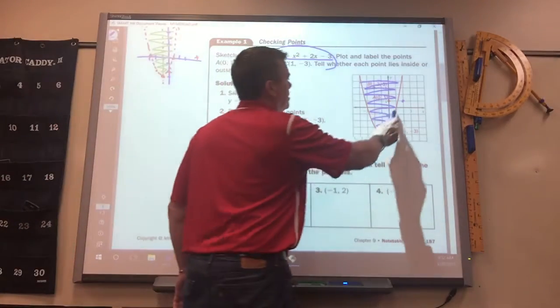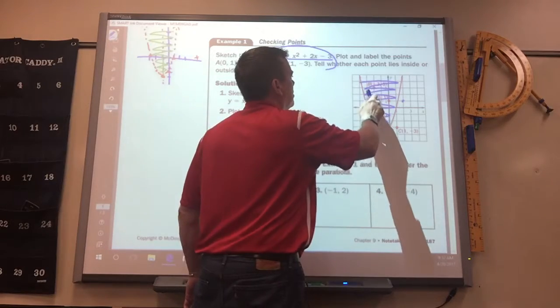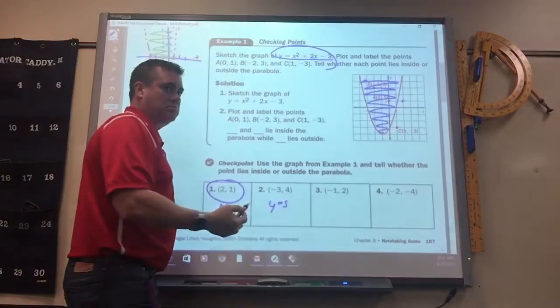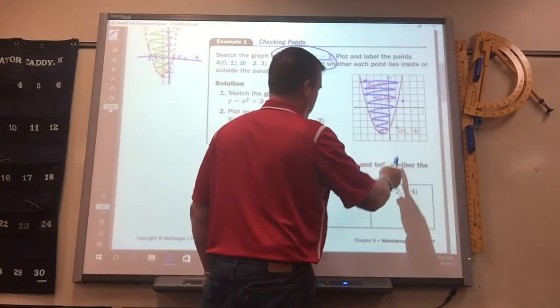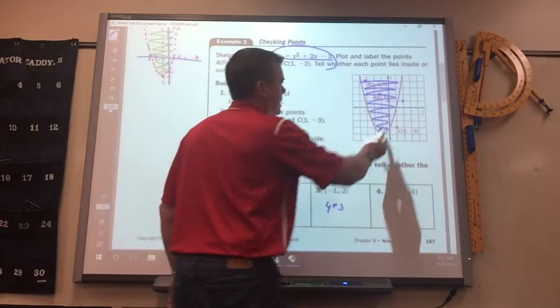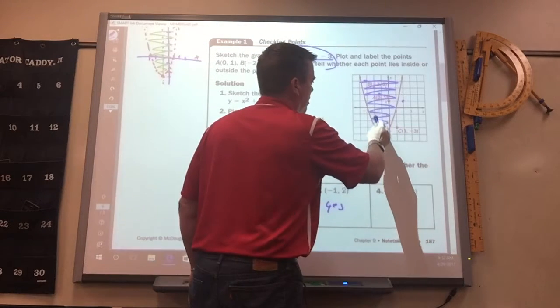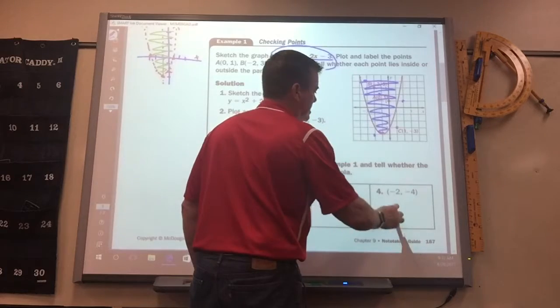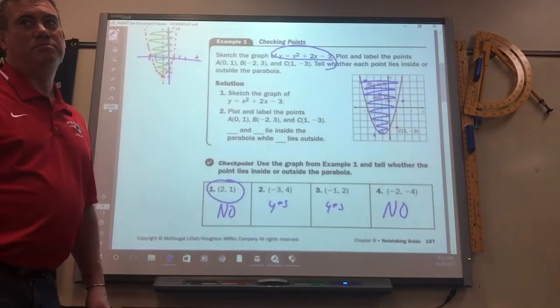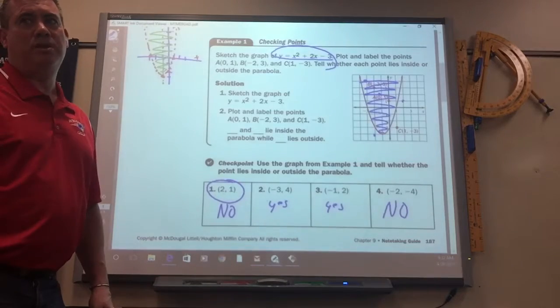Negative 3, 4, left 3, up 4 puts you in the shaded part, so that's a solution. Negative 1, 2, left 1, up 2 is a solution. Negative 2, negative 4 is not a solution. Okay? So understand how to see whether it's a solution or not?